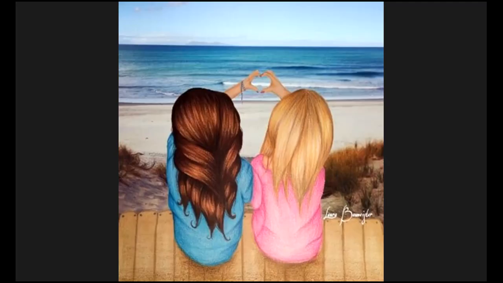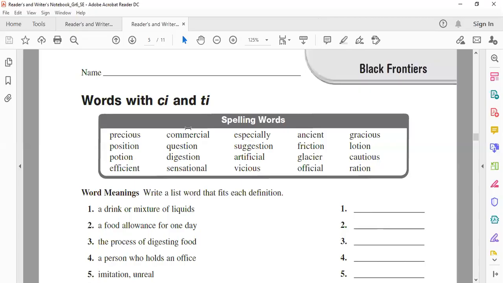In the page 273, we have these words: precious, commercial, especially, ancient, gracious, position, question, suggestion, friction, lotion, potion, digestion, artificial, glacier, cautious, efficient, sensational, vicious, official, ration.